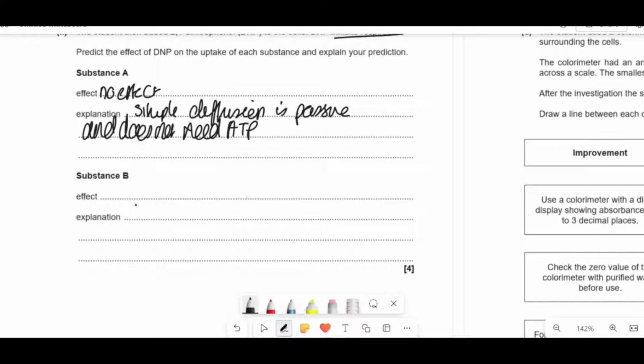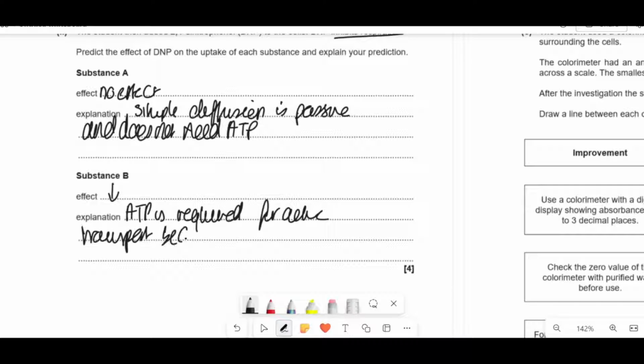It's to make ATP. For B, what must be the case is that it is reduced, because ATP is required for active transport, because it is an active process.